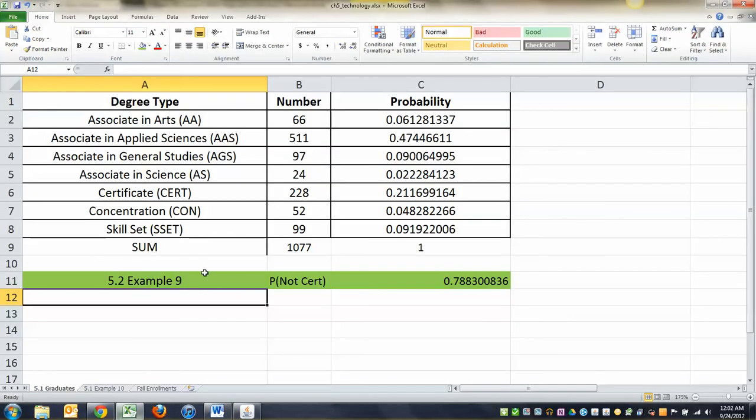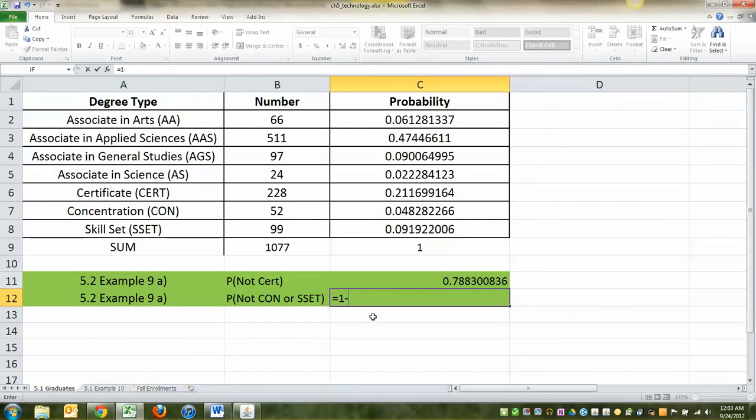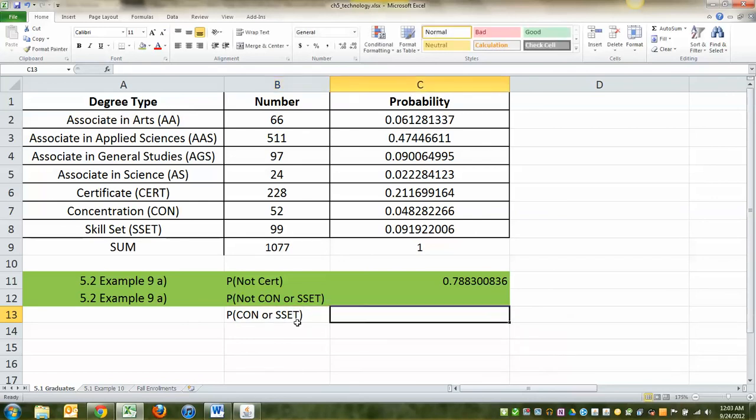So let's do it. The probability of concentration or skill set is equal to the sum of those two things. Concentration's right here, comma, skill set's right here.